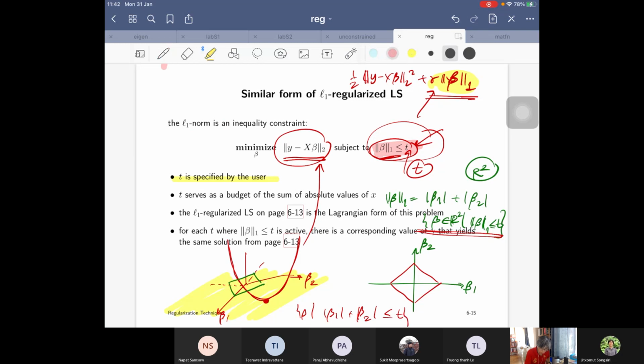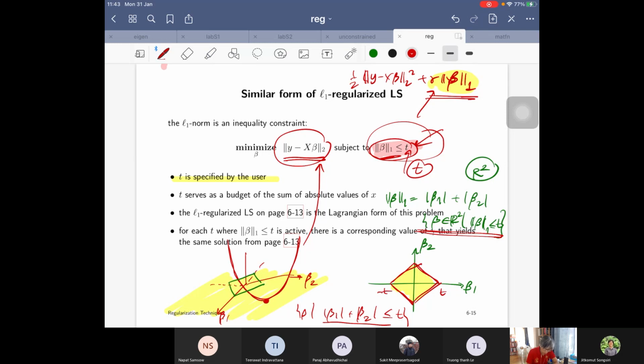It would be a region where the sides of this region are just described by linear functions. This is going to be t and minus t.